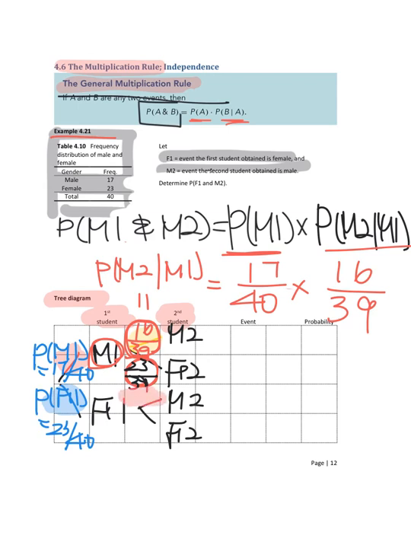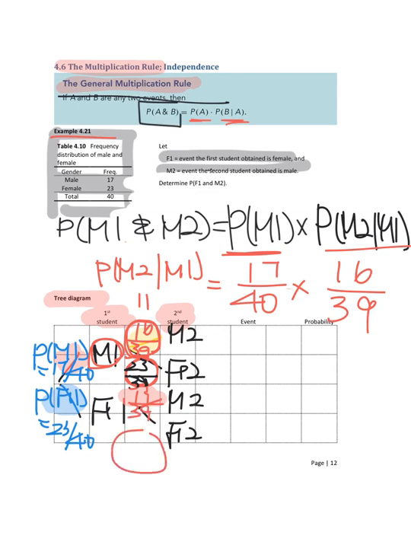The next one, we knew a female was selected. So now, how many males? 17. Now we have 17 males out of 39.